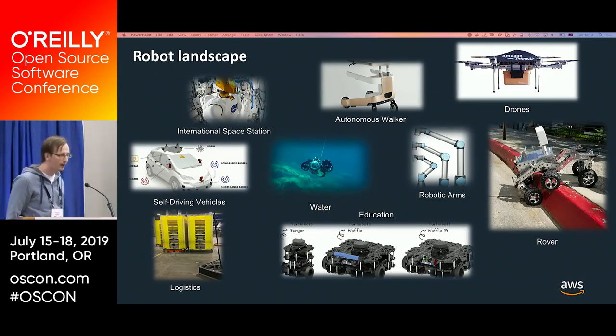If you look at this slide, you will see that obviously robots come in different shapes. You may have humanoid robots, you may have drones, rovers, robots for education, for logistics. And they all seem very different, but they share a lot of common problems. Well, you need to care about telemetry data, you need to care about your kernel, you need to care about security, privacy.